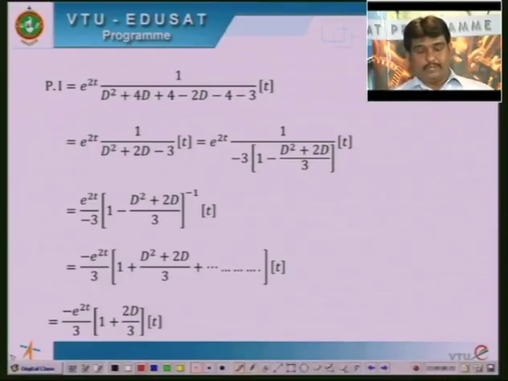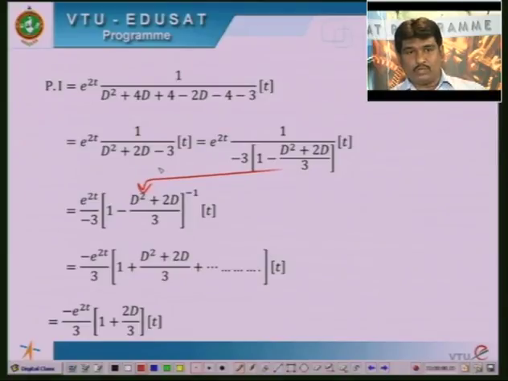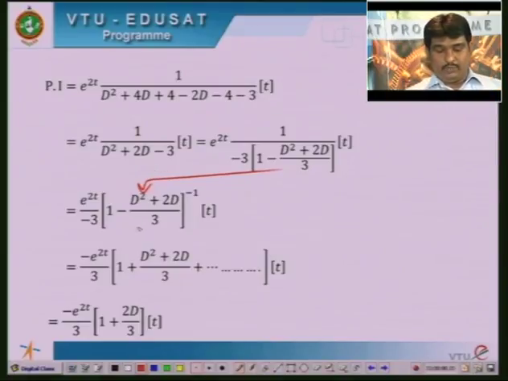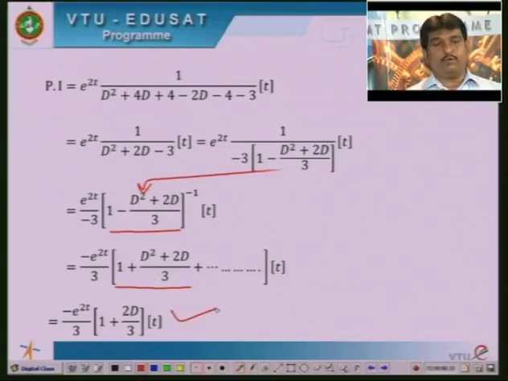Take this to numerator to get 1 minus D square plus 2D by 3 whole to the power of minus 1 operated on t. You expand this, which is 1 plus x square plus x cube and so on. After ignoring the higher terms, we get 1 plus 2D by 3 operated on t.